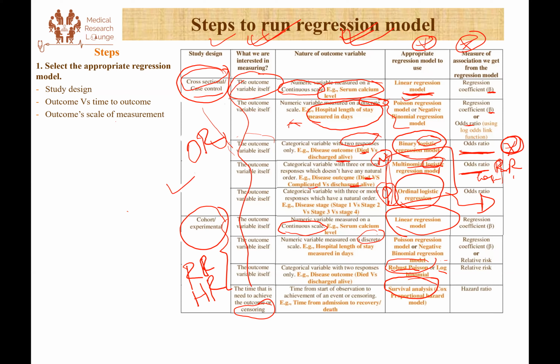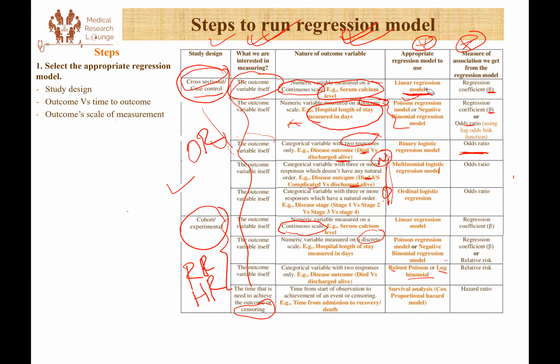If there are participants who did not develop the outcome while we were observing them, for different reasons, the analysis method can also accommodate these participants and give us the results. From this type of analysis, what we get is the hazard ratio. So these are some of the regression models that we should commonly use. I hope it makes sense.